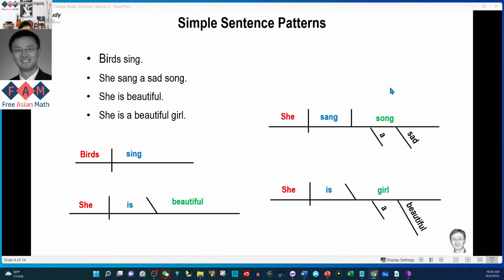When we think about a verb, we think about action. So most verbs, to be exact, other than linking verbs, are all action verbs. And then we see in this diagram that birds sing and she sang a sad song. Those sentences contain an action verb because singing is an action.